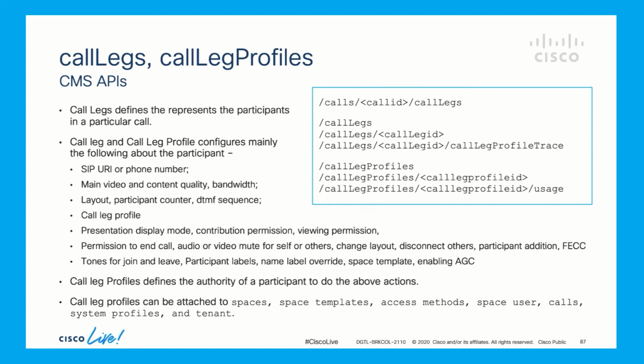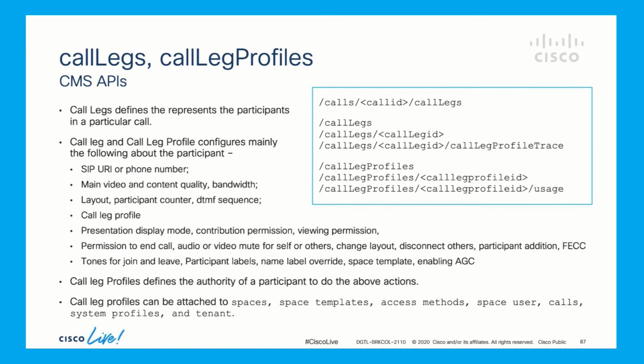As call profiles give the ability to create conference parameters, call leg profiles give the ability to create participant parameters while in the conference. All the participants in a conference or a call are the call legs. The slide lists all that a call leg profile can set for a participant in a meeting.